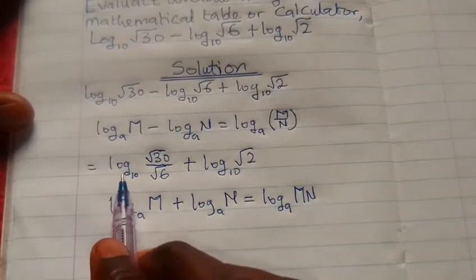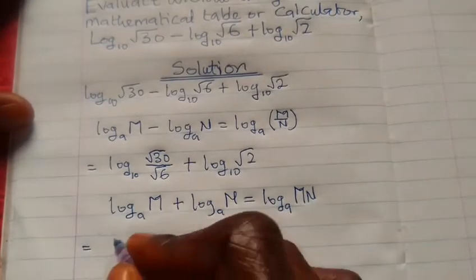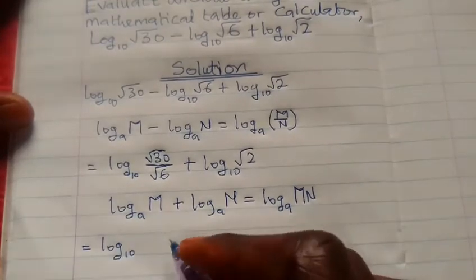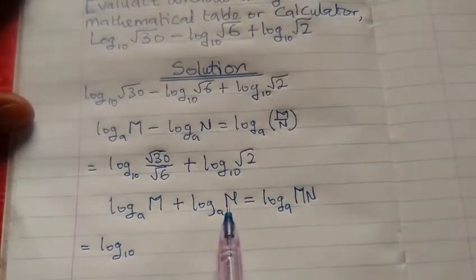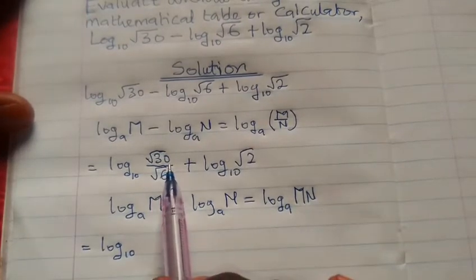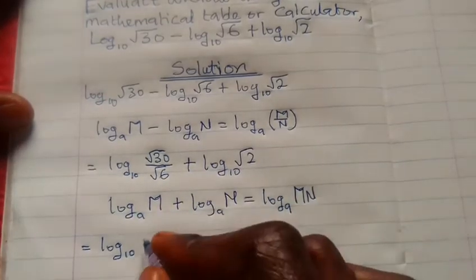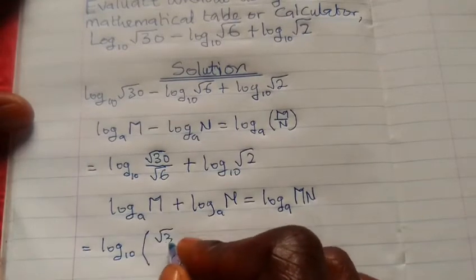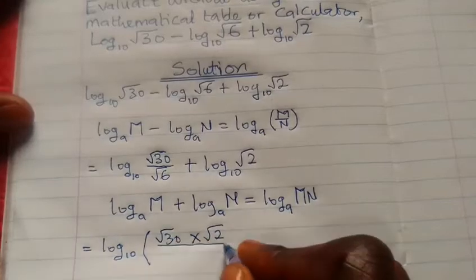It means that I'm first of all going to take the common logarithm here. So I'll put my equality sign, I'll write my log base 10. Then I'm going to multiply m and n together, that is root 30 upon root 6 multiplied by root 2. So we come here, we'll write our root 30 multiplied by root 2, then all over what?